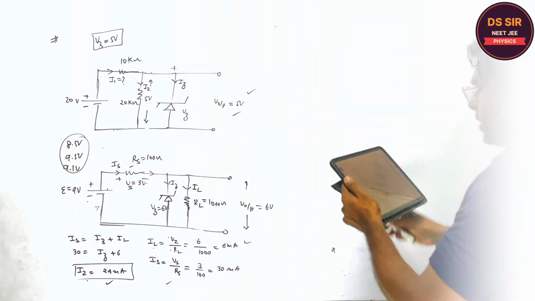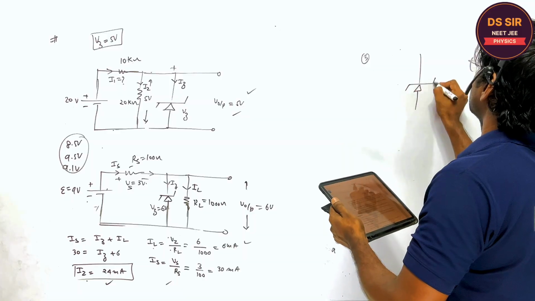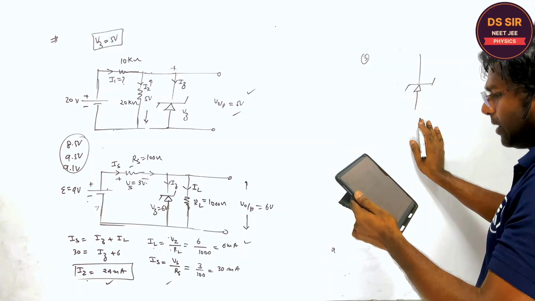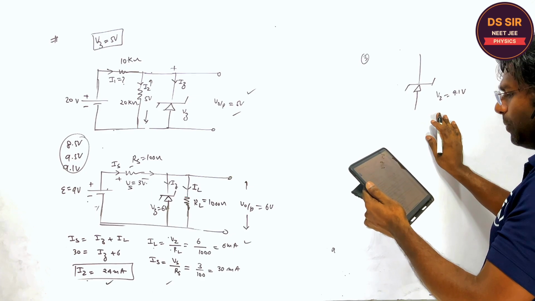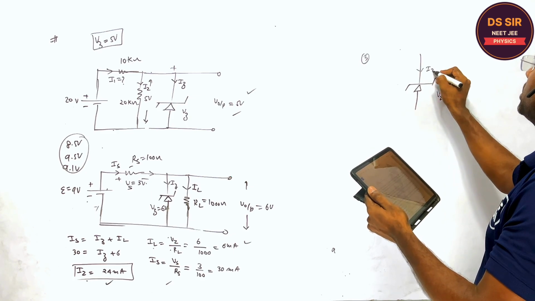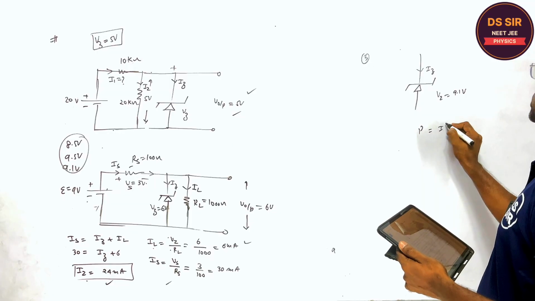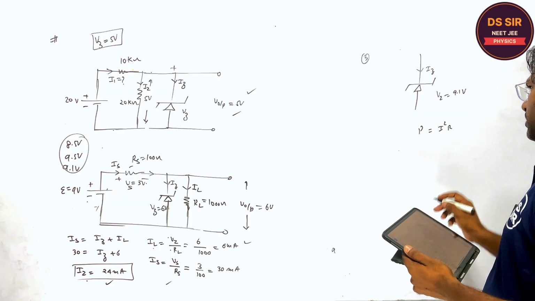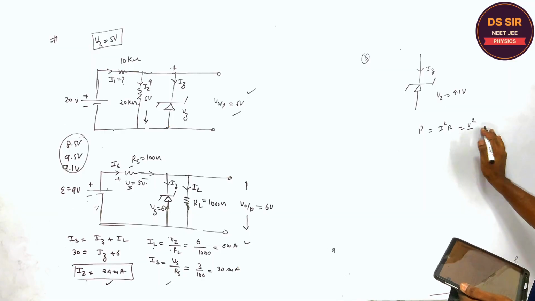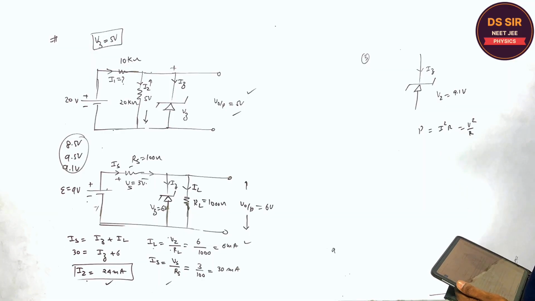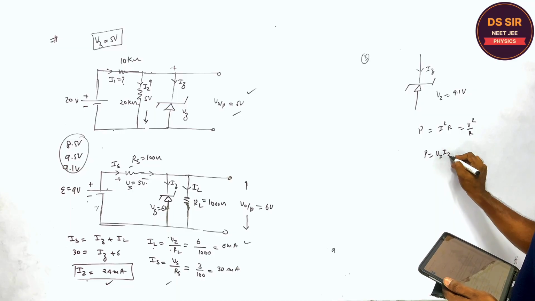Copy this. This is the Zener diode, like this. Breakdown voltage is what? 9.1 volt. The maximum power, the current is IZ. What is the power? I square into R or V square upon R, or P is equal to V into I. So Vz into Iz.